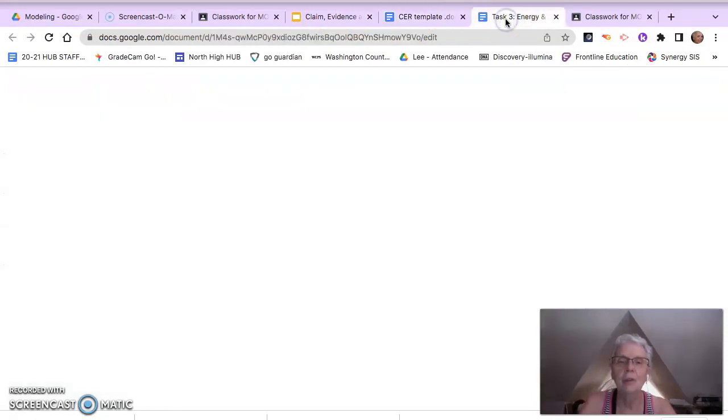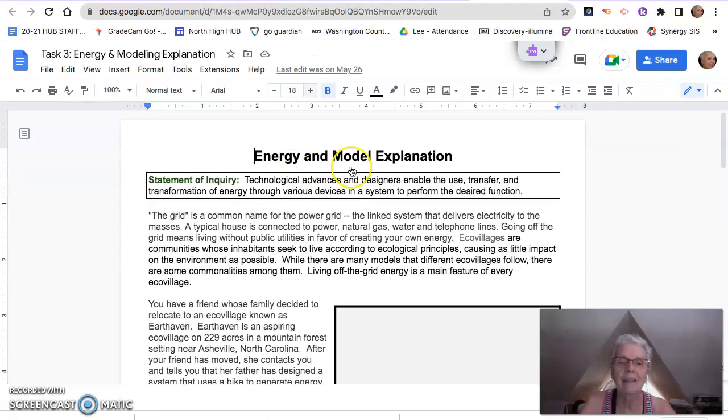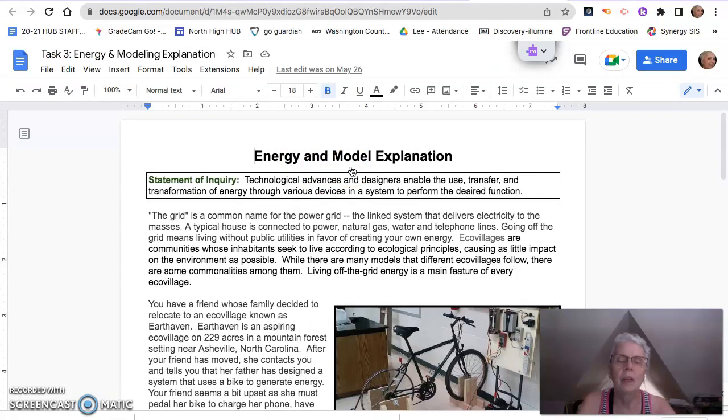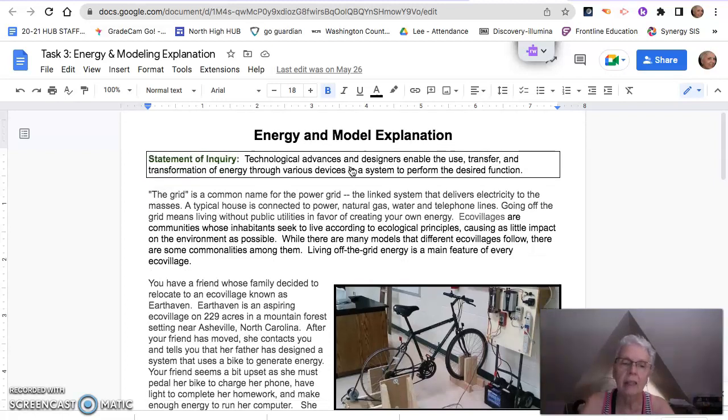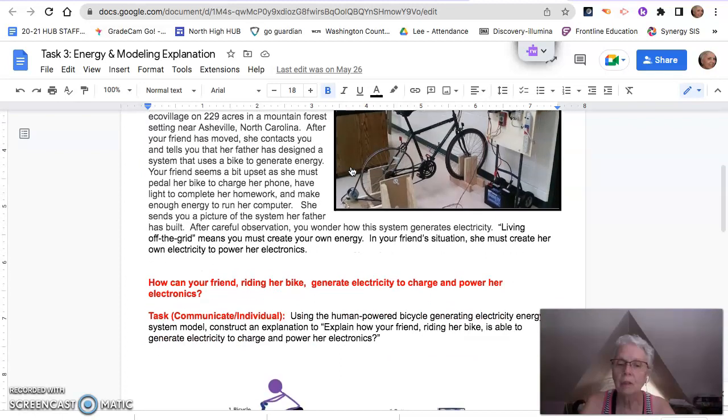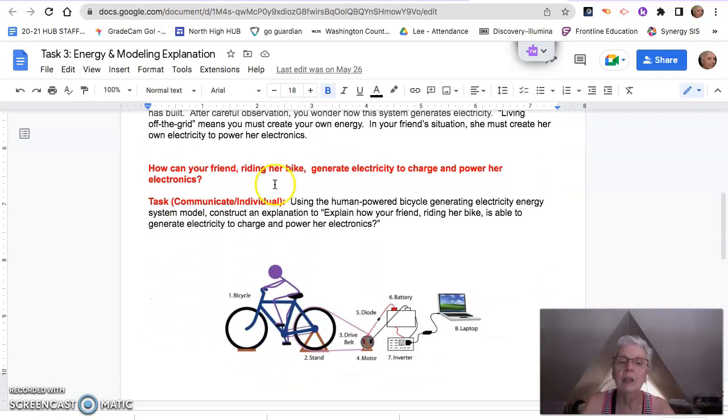So we're going to move on to task 3, which is energy and model explanation. So again, look at your statement of inquiry, read through that again, read through the phenomena again, and then here is your question that you're going to write your CER about.